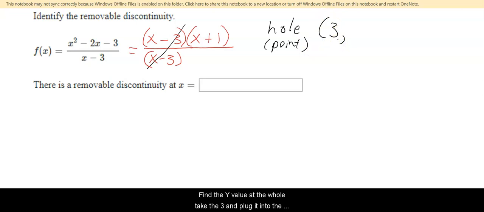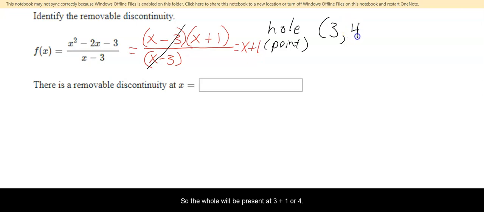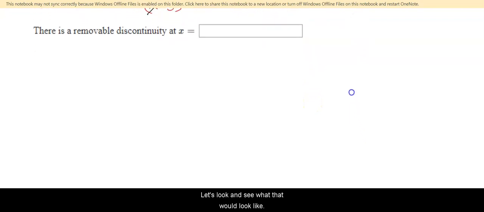To find the y value at the hole, take the 3 and plug it into the reduced fraction. In this case, our reduced fraction is simply x + 1, so the hole will be present at 3 + 1, or 4. In fact, this graph is the graph of the line x + 1, but it has a hole at (3, 4). Let's look and see what that would look like.